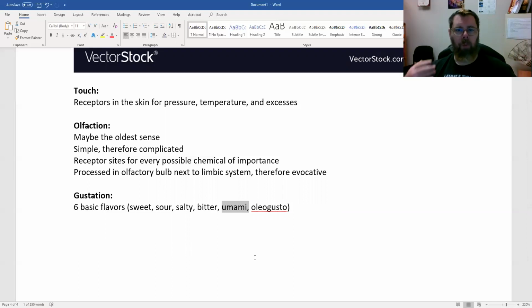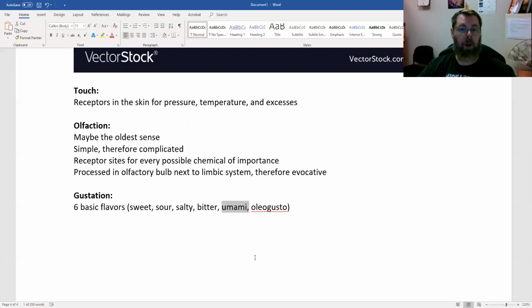And we looked for it, and we kept doing the biochemistry and dissecting tongues and whatever. We couldn't find it. Finally, a couple decades ago, I guess, we discovered the thing that the Japanese scientists were telling us about all along. And so we use their word, and their word is umami, right?